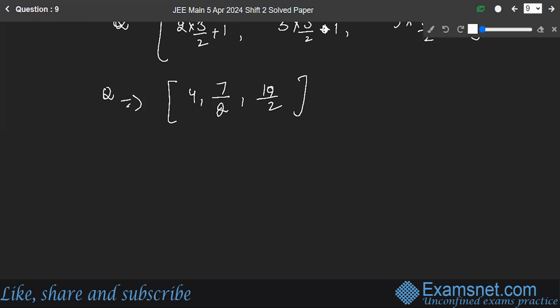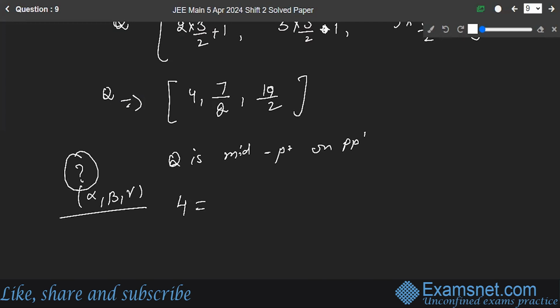Now, see, Q is the midpoint of PP dash. So that means alpha, beta, gamma will be given by this. We have to solve this.